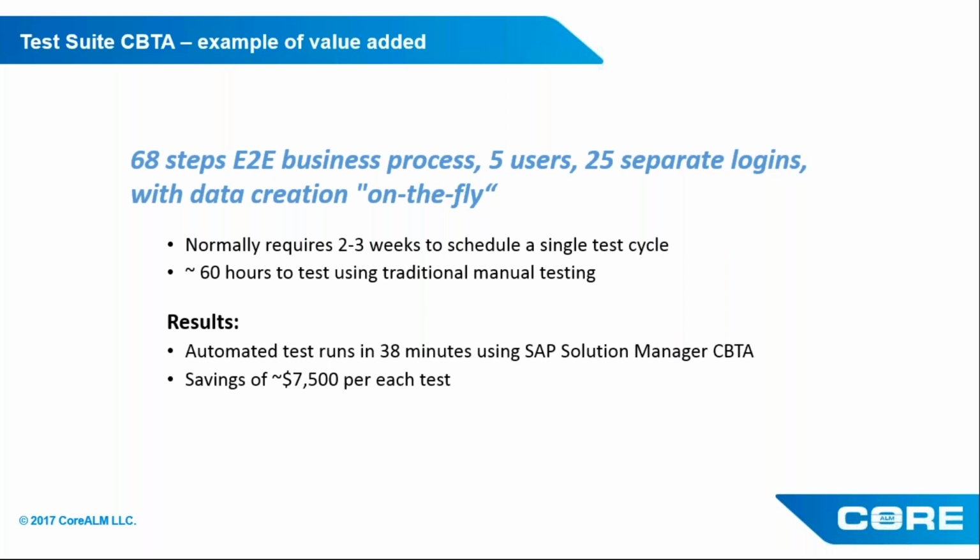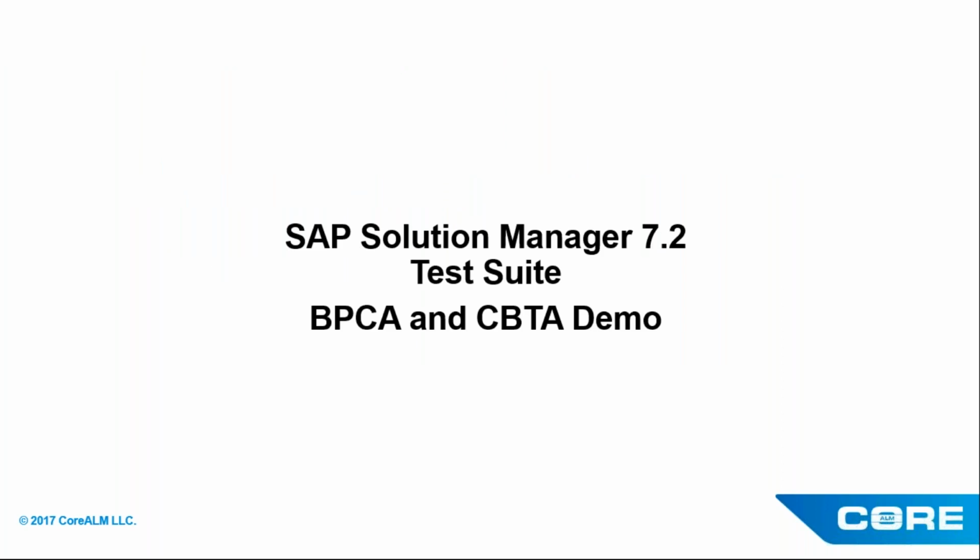And so it normally would take 2 to 3 weeks to do a test, meaning there's scheduling, you're using different groups, finance and supply chain and operations, and so each one of those would have to be scheduled. They may not be available. So there's a lot of advantages to it. But anyway, this one was 68 steps, ran in 38 minutes instead of 2 to 3 weeks.